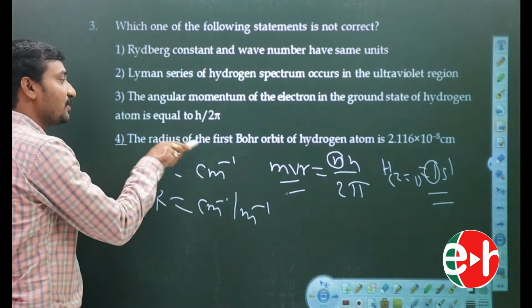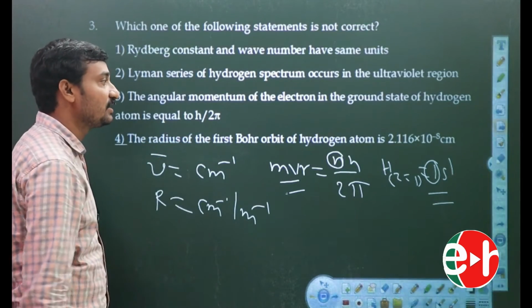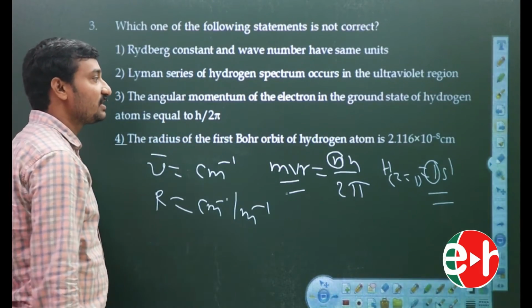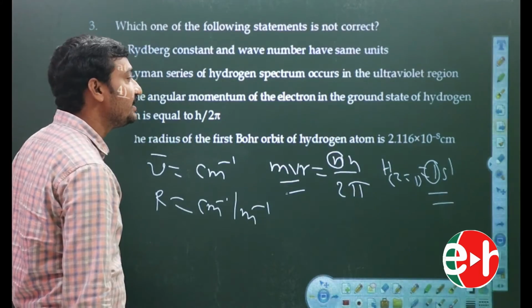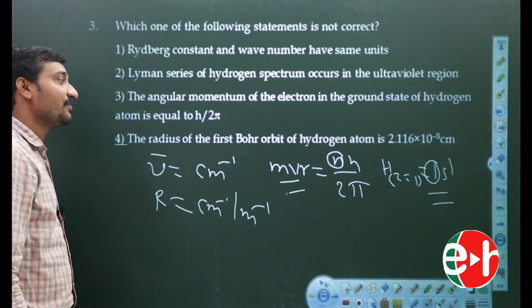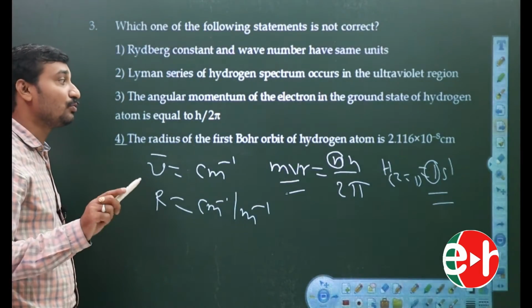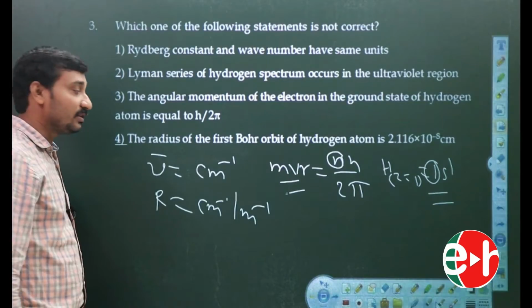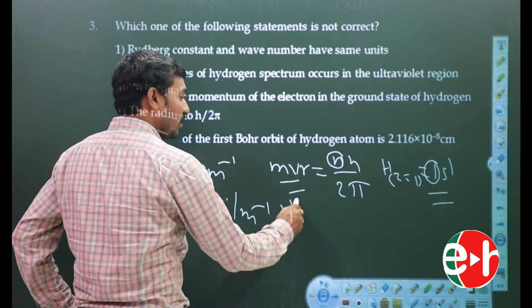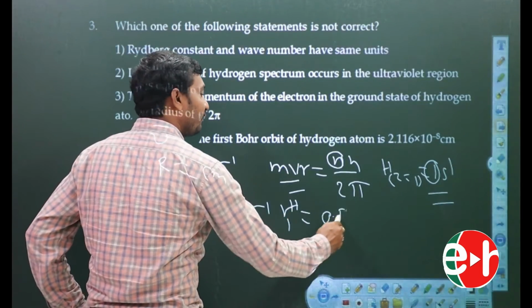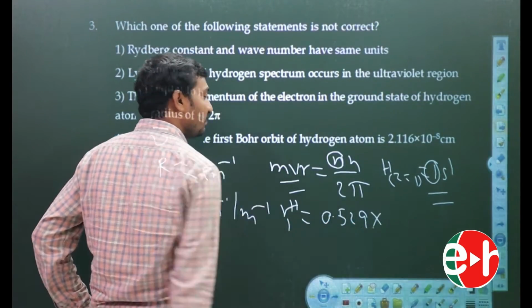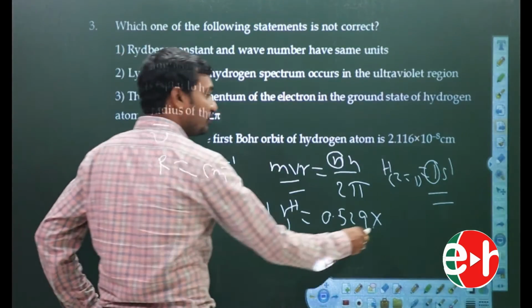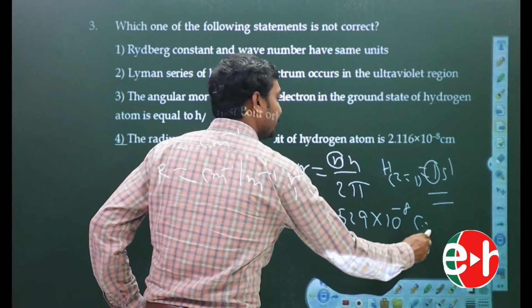The radius of the first Bohr orbit of hydrogen atom is 2.116 into 10 to the power of minus 8 centimeter. The radius of the first Bohr orbit of hydrogen is not 2.116. That is R1 of H is equal to 0.529 into n square, 0.529 angstrom units. Angstrom unit means 10 to the power of minus 8 centimeters.